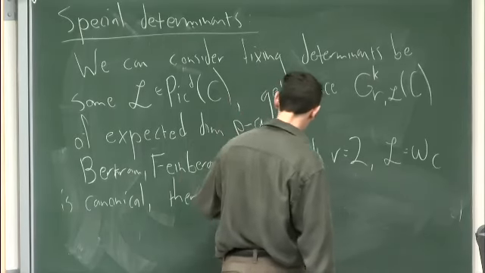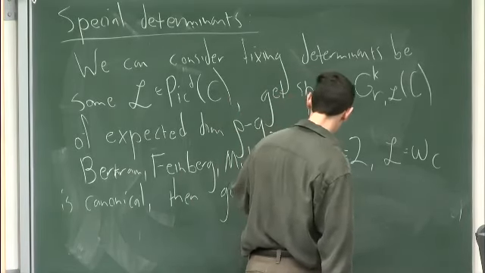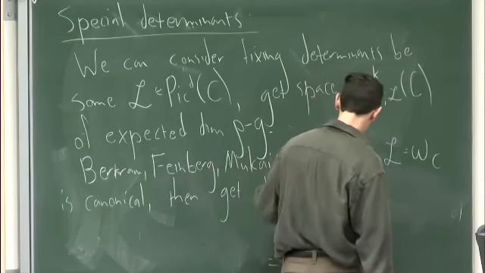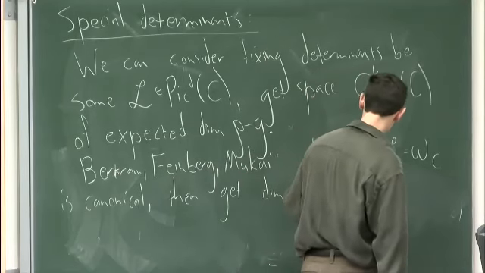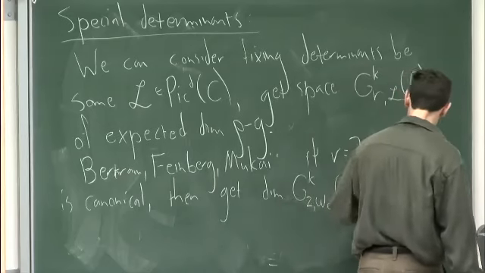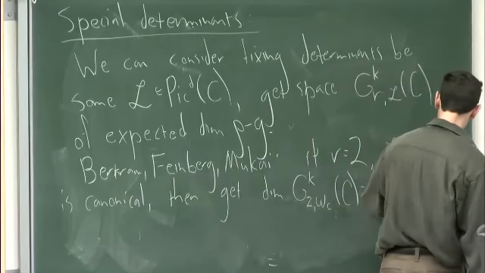So in fact, the dimension of this space here is larger: instead of rho minus g, we get rho minus g plus k choose 2.